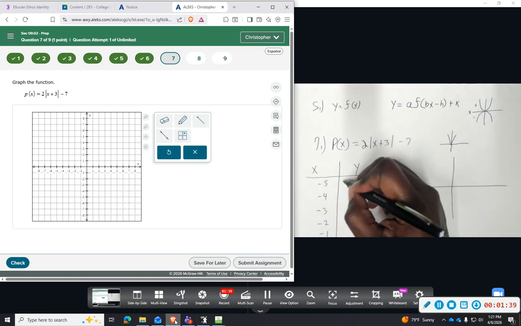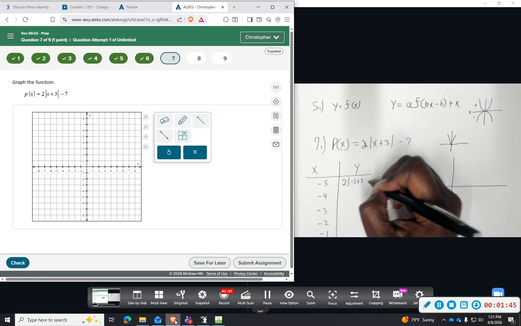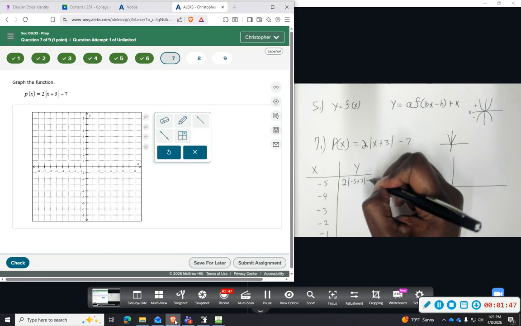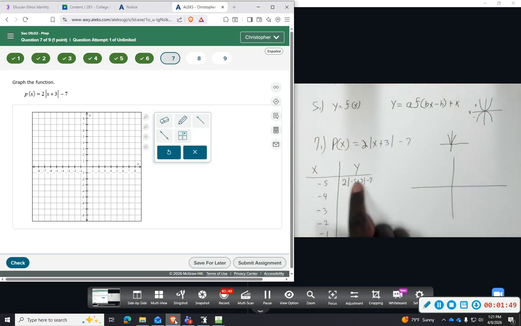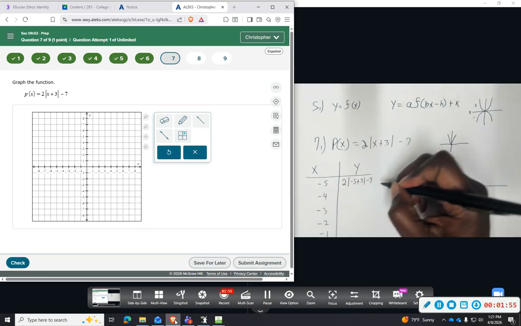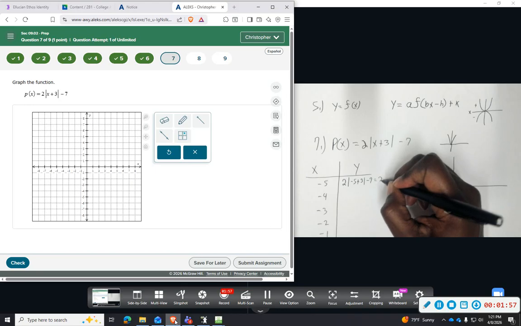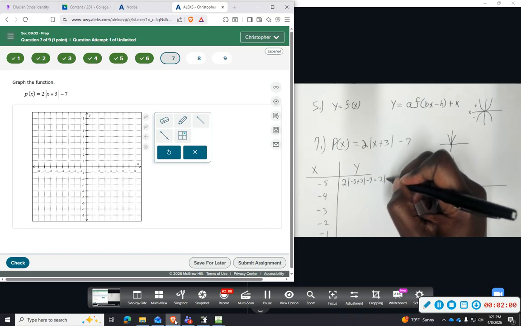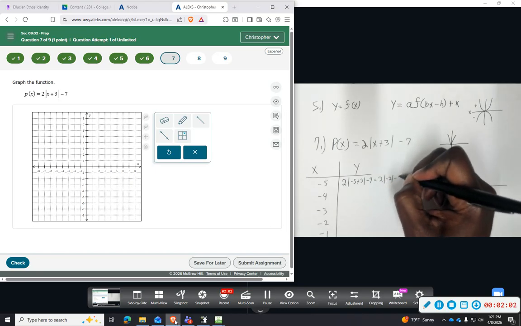So we're going to do 2 absolute value of negative 5 plus 3 and then minus 7. So you do the math first. Negative 5 plus 3 gives me a negative 2. So then we have 2 times the absolute value of negative 2 minus 7.